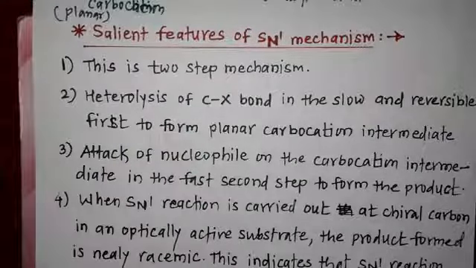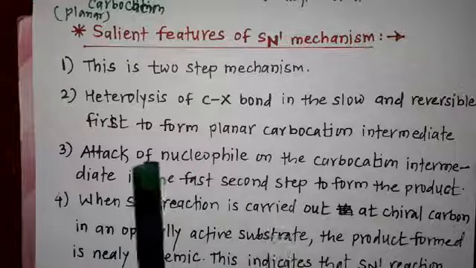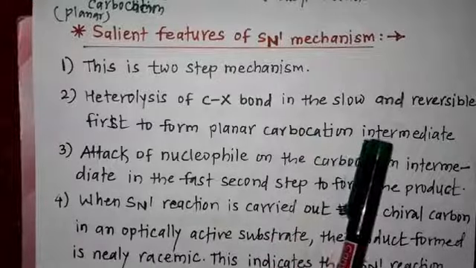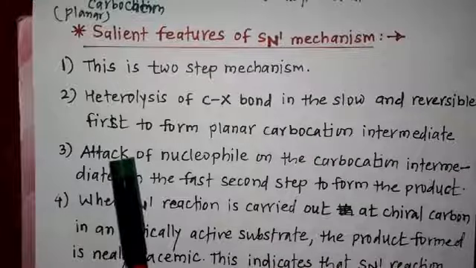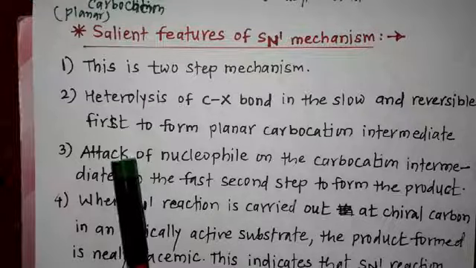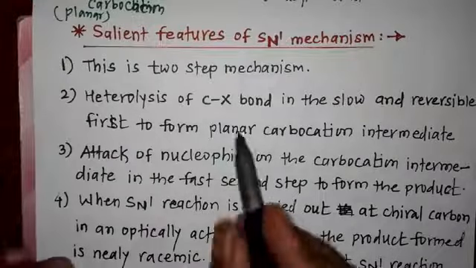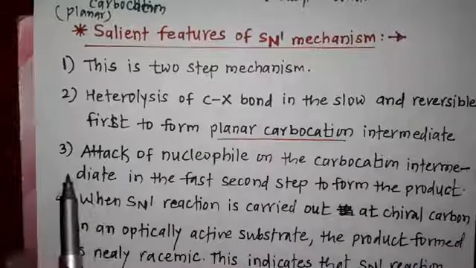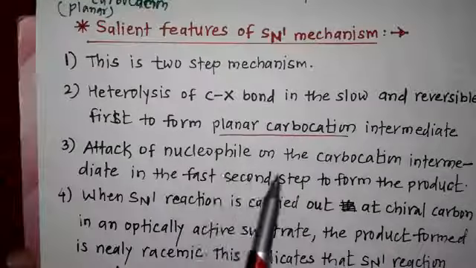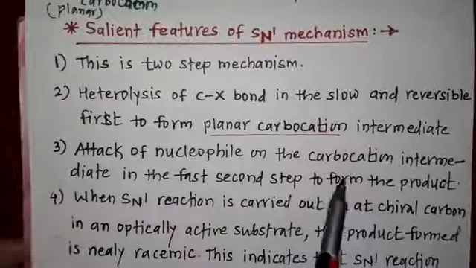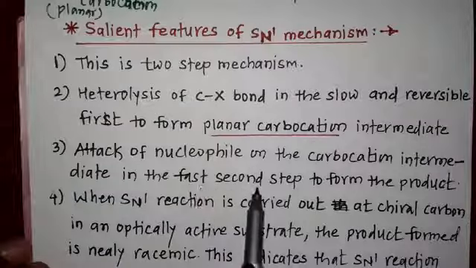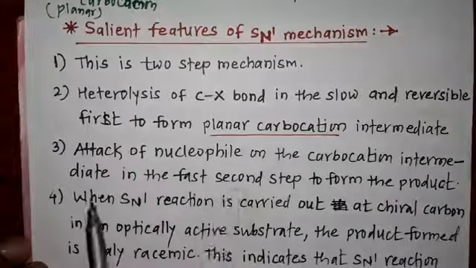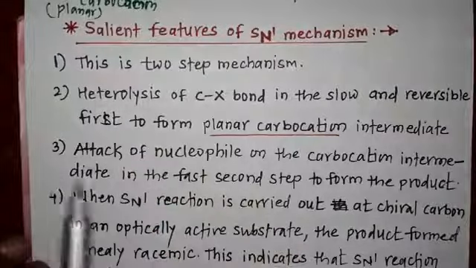We already saw that in the first step the heterolysis of the carbon halogen bond takes place in a slow step, it is reversible in manner, and it forms a planar carbocation or intermediate. Third, the nucleophile attacks the carbocation intermediate in the second step to form a product. We also saw this in the reaction mechanism.